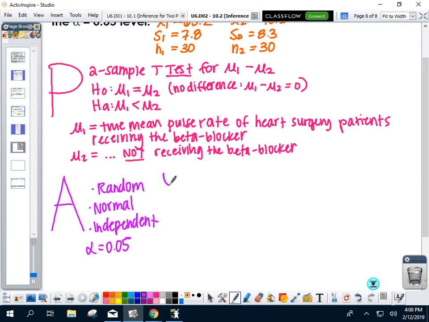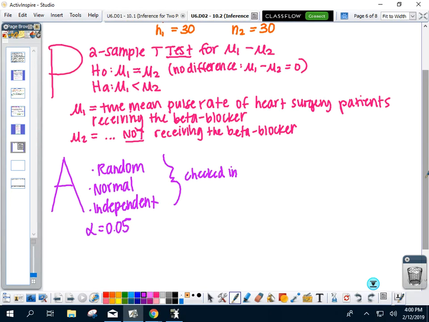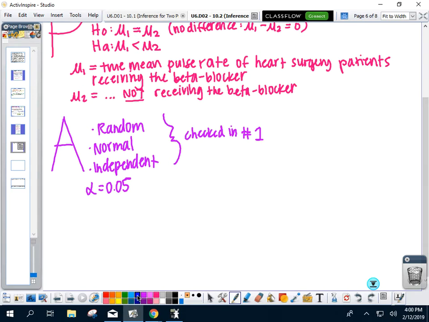And I'm just going to put that we checked in number 1. They're the same conditions. Nothing changes about them, and we do not need to check them again. All right, S. S stands for statistical work.